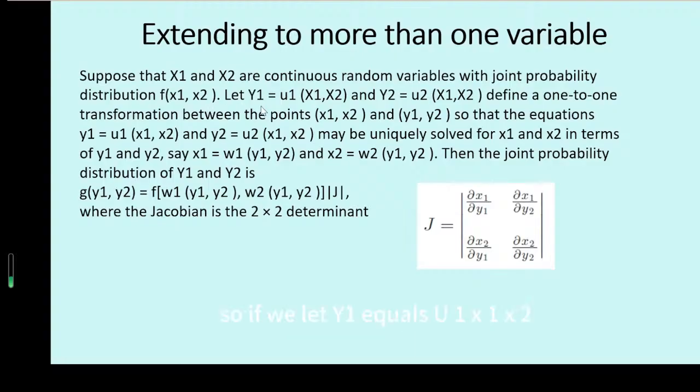If we let y1 equal u1(x1, x2) and y2 equal u2(x1, x2), also a one-to-one transformation between the points (x1, x2) and (y1, y2), then the equations y1 equals u1, y2 equals u2 can be uniquely solved for x1 and x2 in terms of y1 and y2.